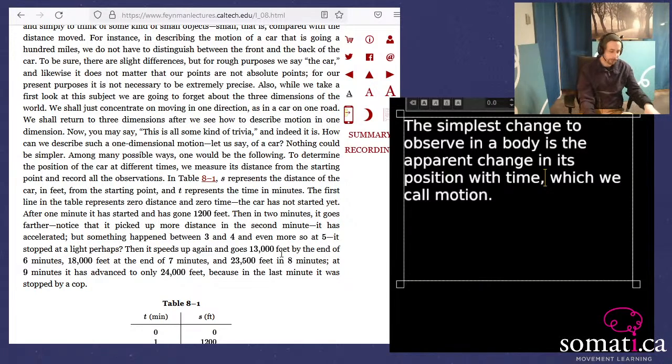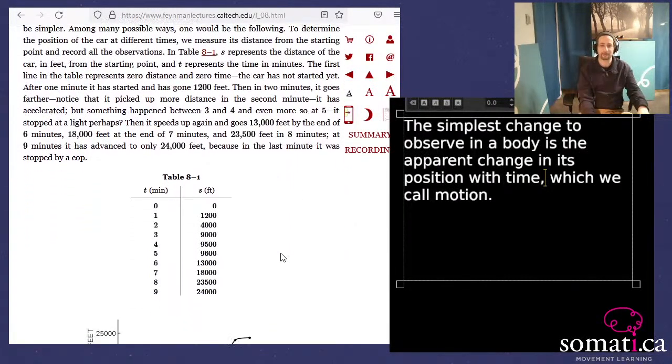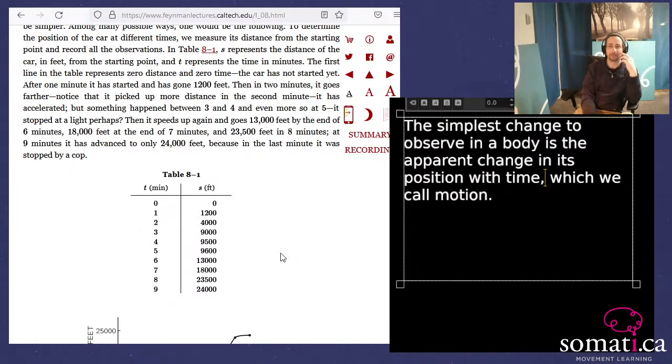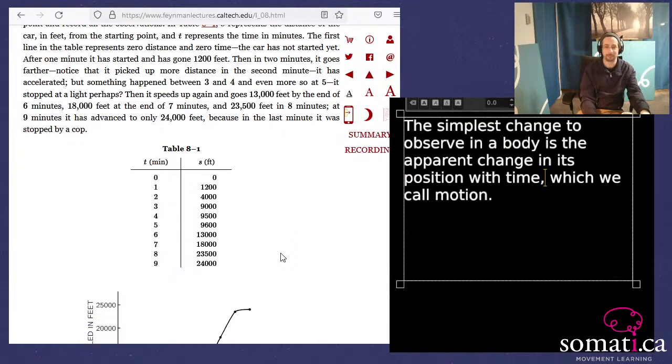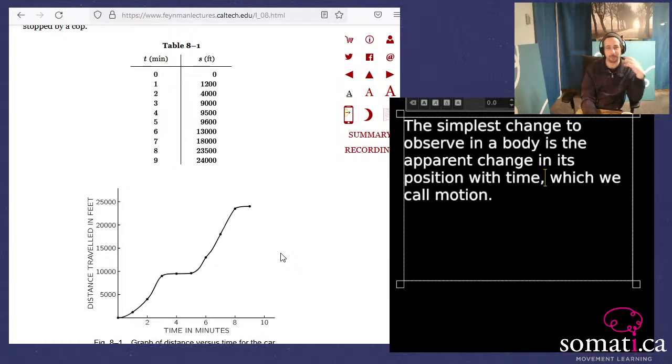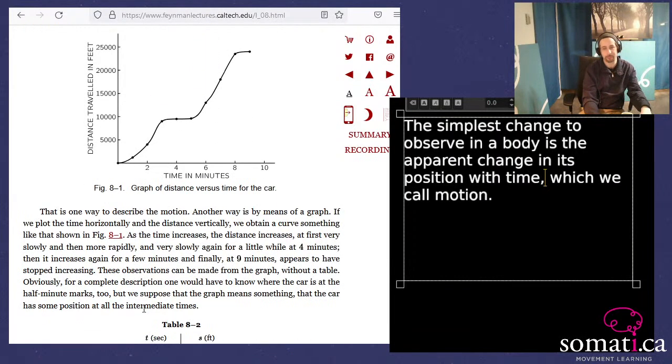So we're describing the movement of a car. And there we have a table. So as the minutes advance, the distance increases in this way. So between minutes 4 and 5, the distance hardly changes. So yeah, looks like that when you plot it.